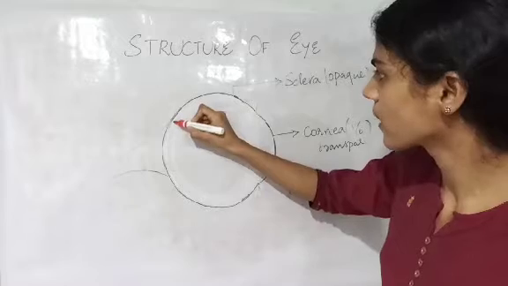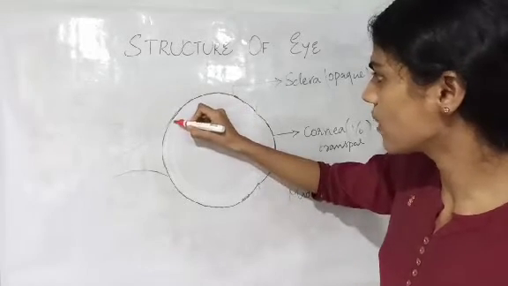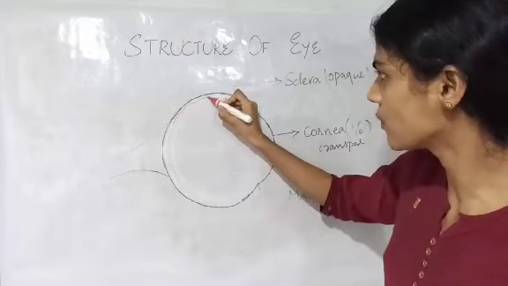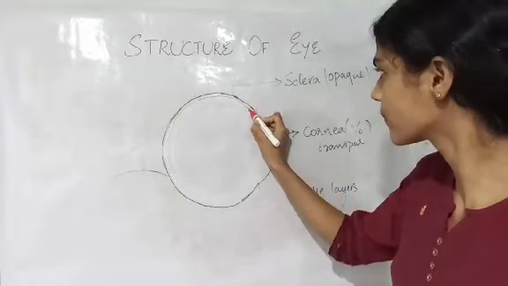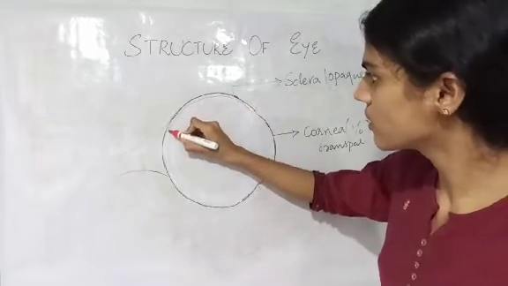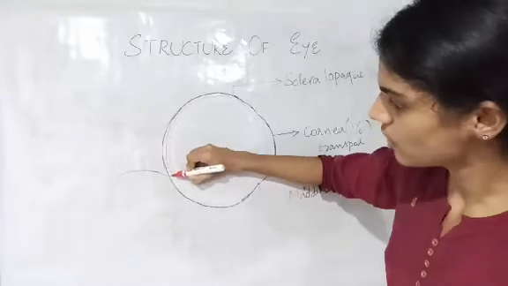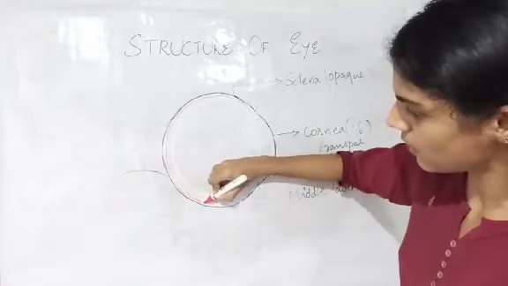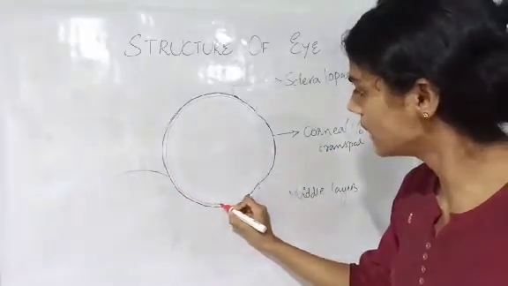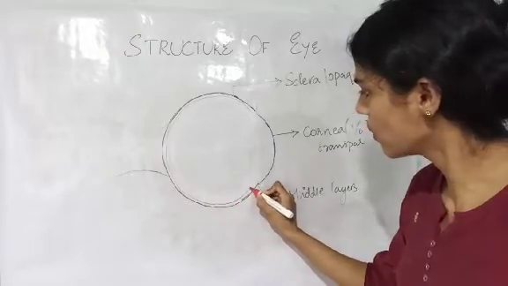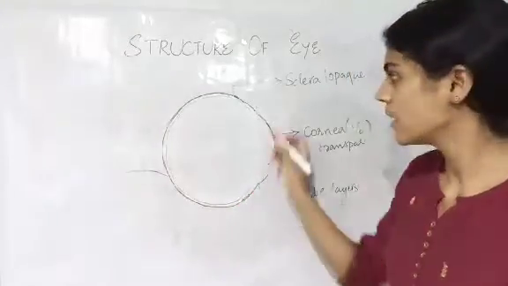Okay, so choroid you can see like here. It will be like the sclera, it will be covering most of the inner portion of the eyeball. Okay, so it extends the whole length behind the eyeball and it comes anteriorly. Okay, and what happens? This is the choroid.